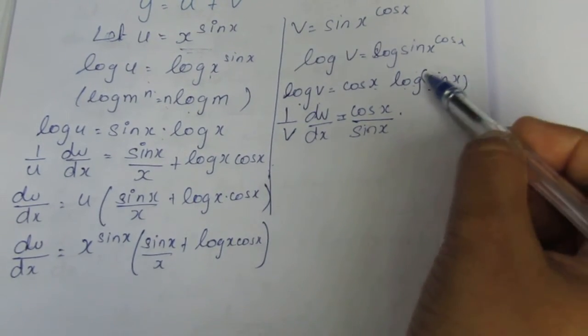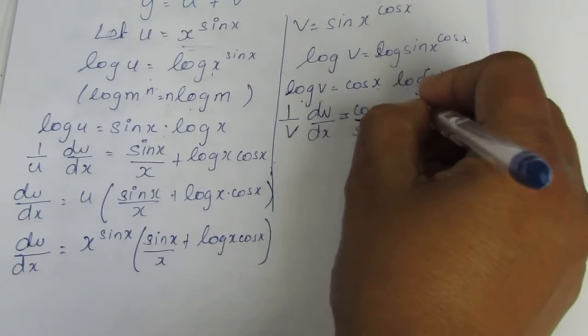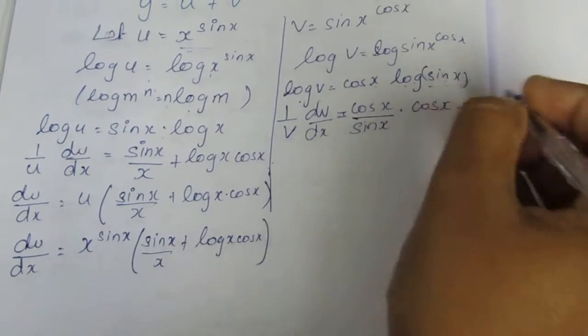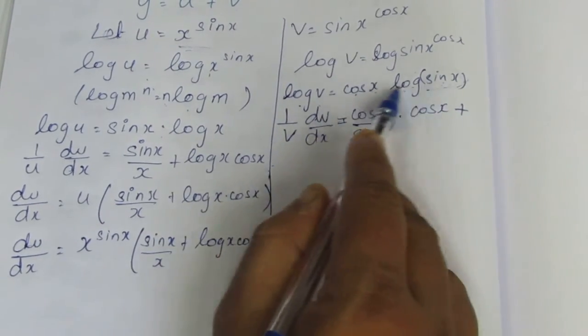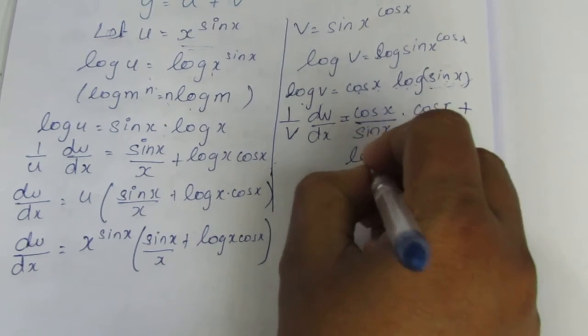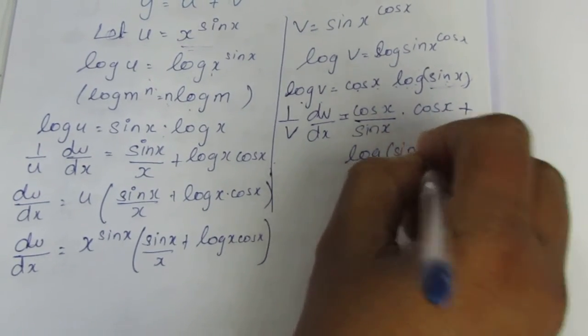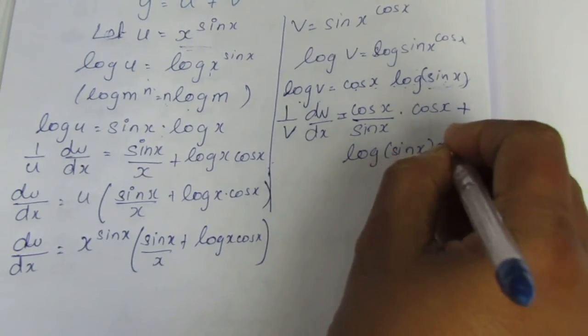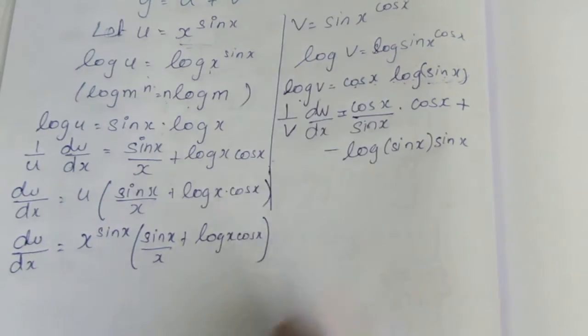The differentiation of sin x is cos x, plus keeping log sin x as it is, we differentiate cos x, which is nothing but minus sin x.